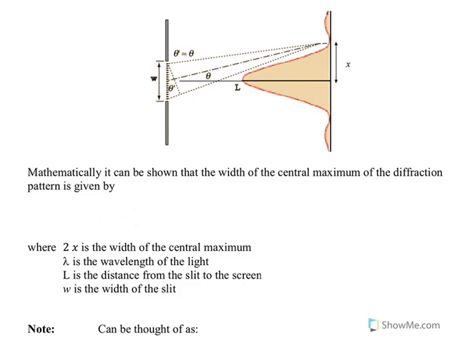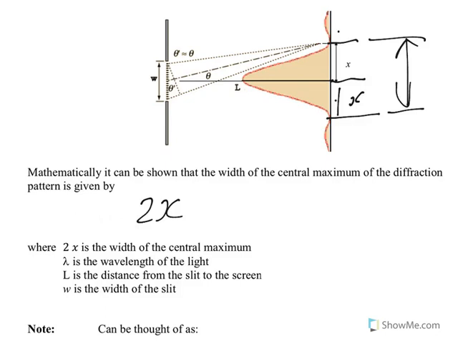I'm not going to bore you with the actual mathematical process, but if we use those similar triangles and then rearrange, what you end up with is 2x. And x is from the middle to that first minimum, so the 2x we're talking about is between those two minimums either side.